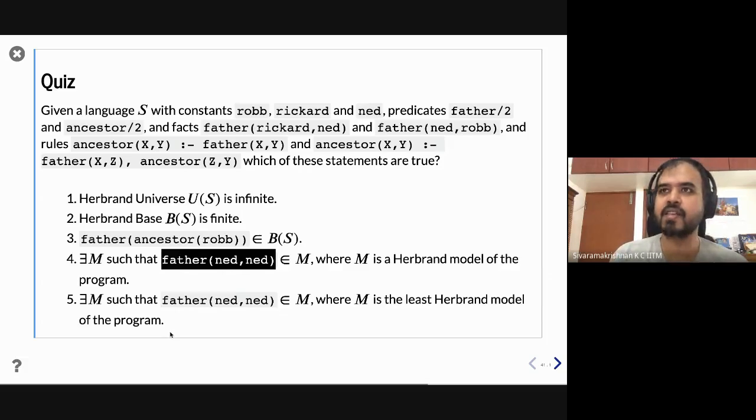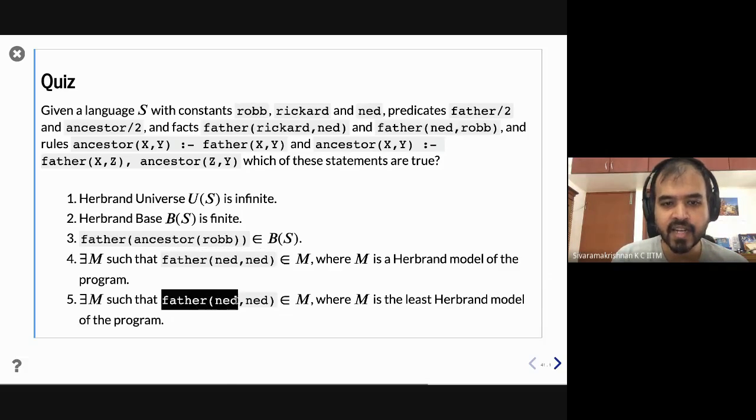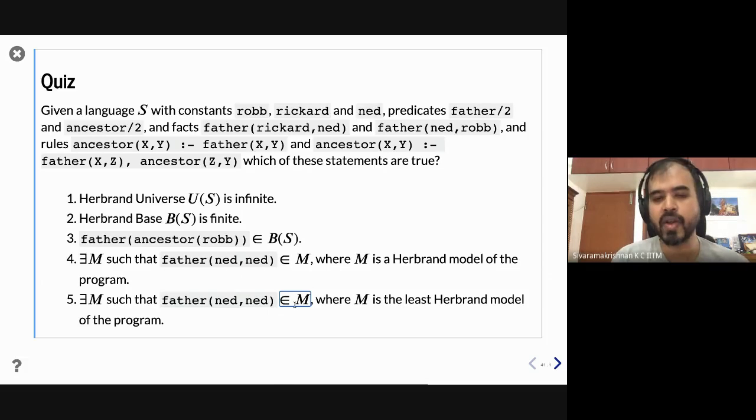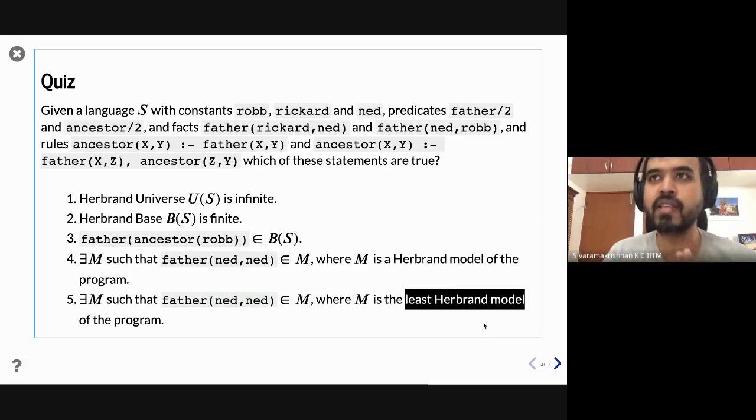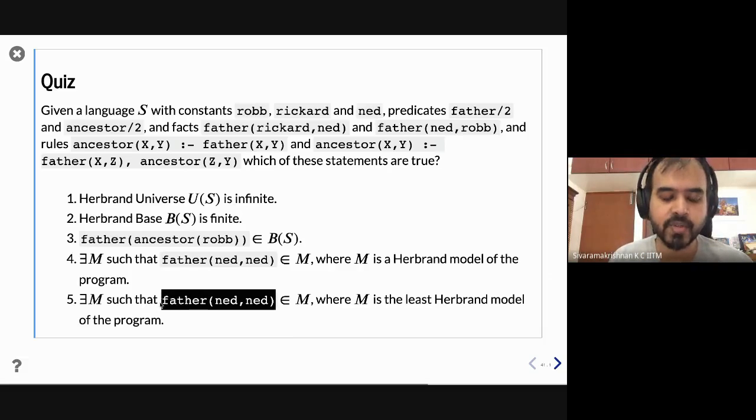The last one is actually asking the useful question, right? Does father net belong to M, where M is the least Herbrand model? No, right? So that's the idea there. The least Herbrand model is meant to capture the precise meaning of what the program conveys.